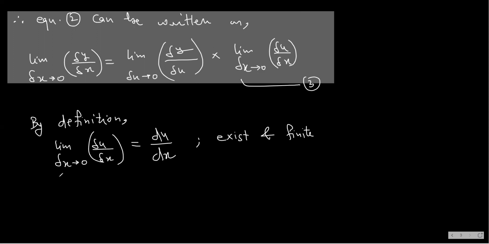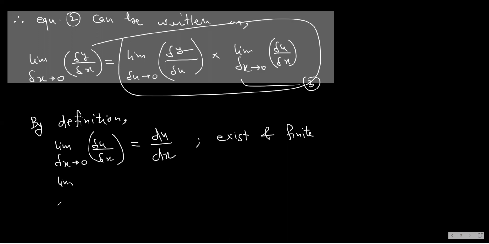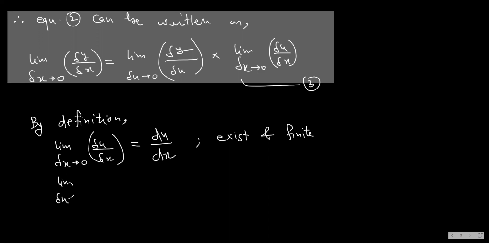The second one, we are working on the RHS. I'll write here limit delta u tending to 0, delta y upon delta u. What is this equal to? It is dy by du. And here also I will write exist and finite.